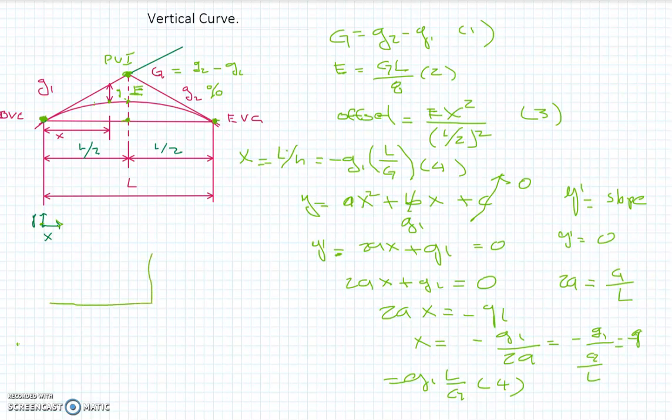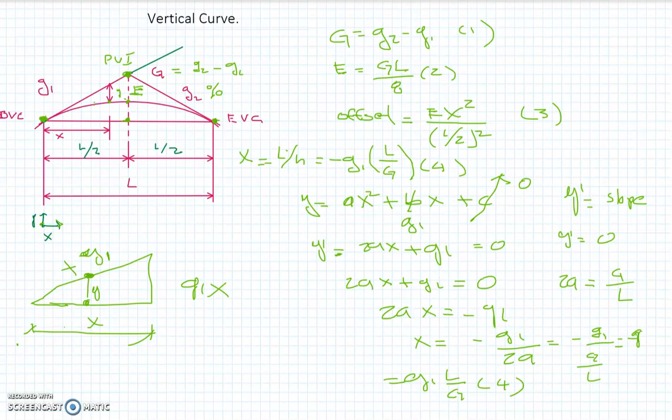And also, if you have this slope G1 and you have this distance x, you want to know any y, so you just multiply G1 times x, and you find your distance from the slope to this point.